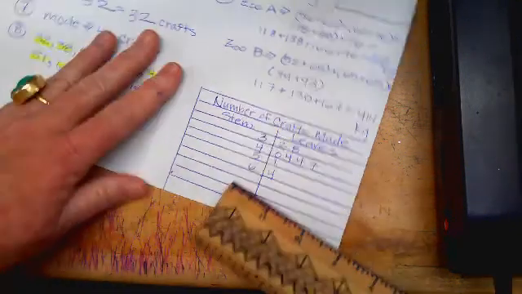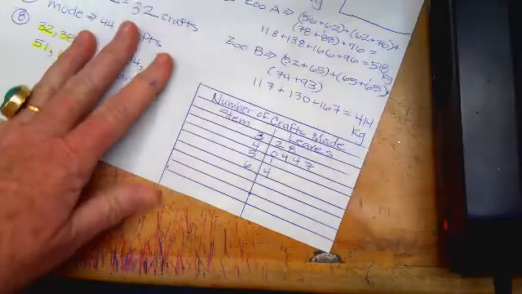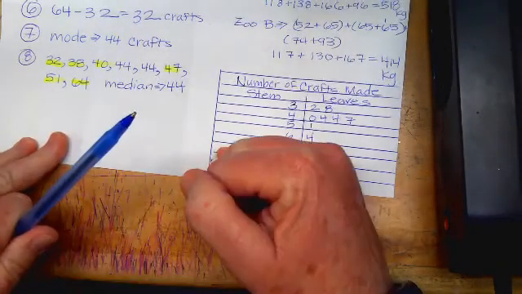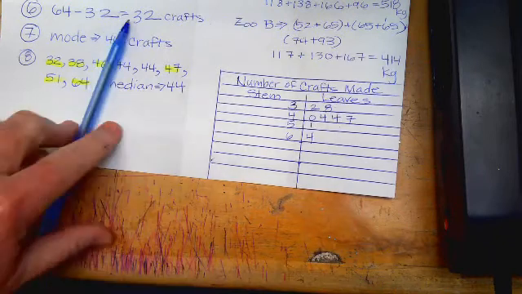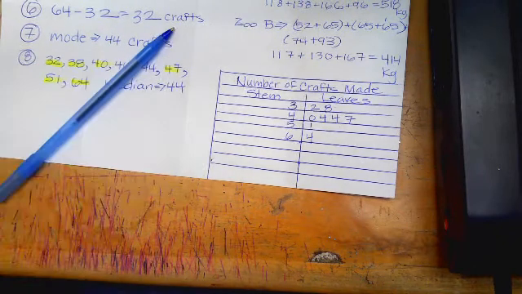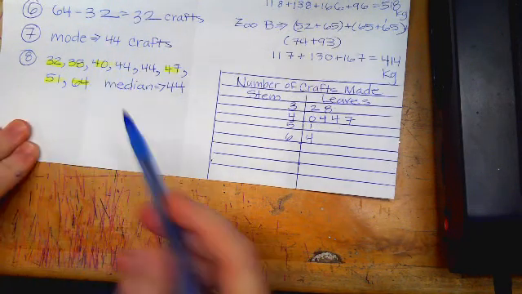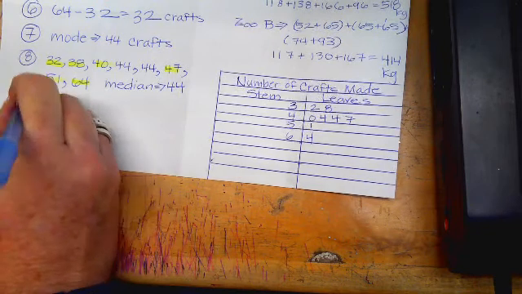So I made some extra lines. So we have 32, 38, 40, 44, 44, 47, 51, 64. And then we have this shameful mess down here that we shouldn't have even made. Sorry about that.